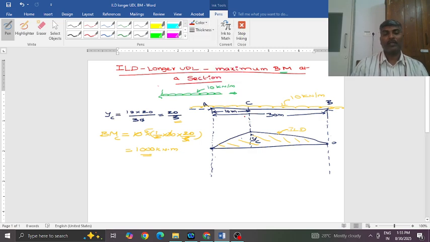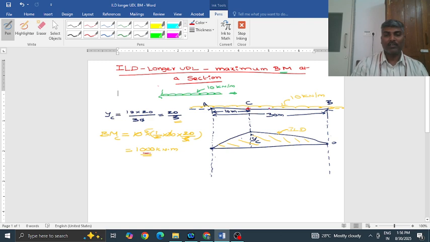Now we have looked at section C only, where the maximum possible bending moment is 1000. Likewise, for any location there will be a maximum value. So for all these locations, what will the maximum bending moment value be?